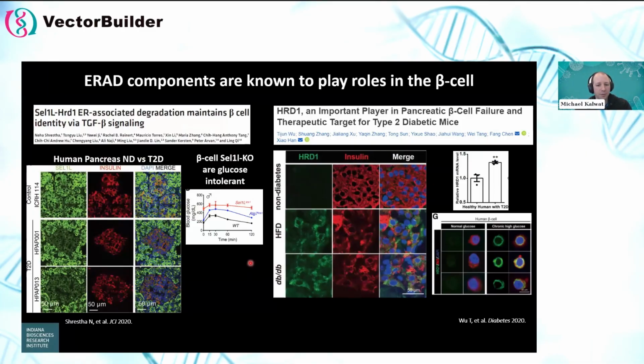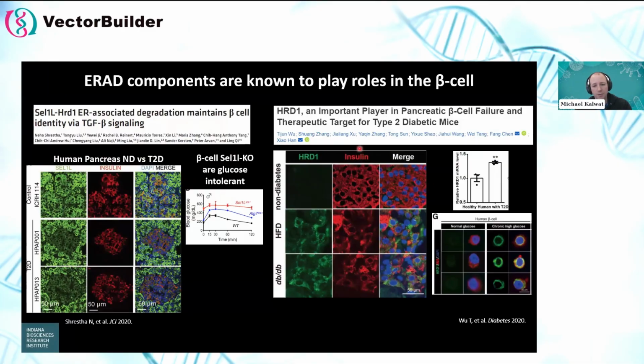There are papers from a couple of labs. This one is from a group at the University of Michigan, where they showed that in type 2 diabetic pancreas, SEL1L, one of those components of ERAD, was reduced in type 2 diabetic beta cells.